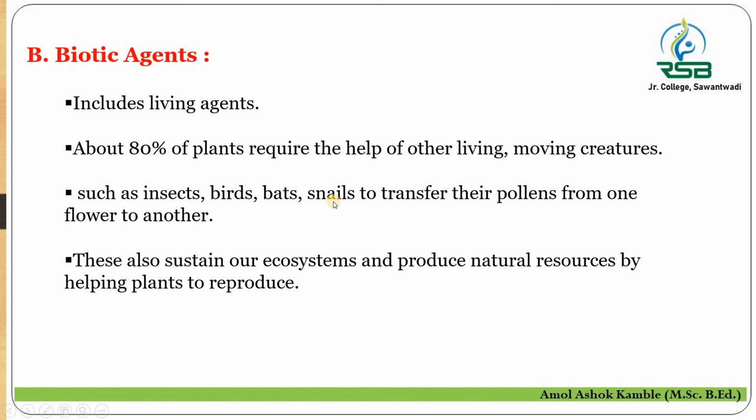These living agents transfer the pollen grains from one flower to another flower. By the mechanism of pollination with the help of these biotic agents, they also sustain our ecosystem and produce natural resources by helping plants to reproduce.